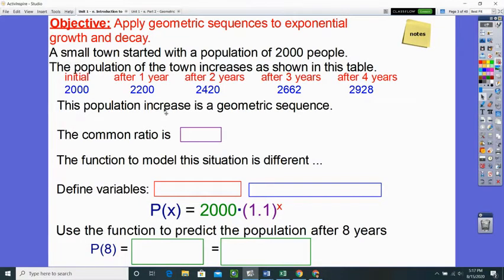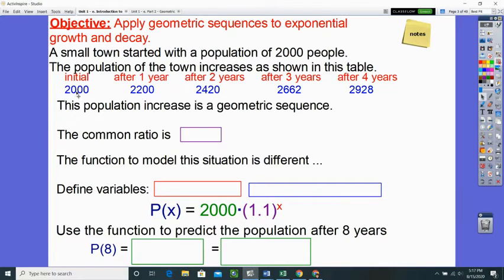Now, this population increase is a geometric sequence. So even though we add 200 here, it's not arithmetic. The way you can see it's geometric is if you pick up your calculator and take 2,200 and divide it by 2,000, hit equals, and then take the next term, 2,420, and divide it by 2,200, and you should see that common ratio.